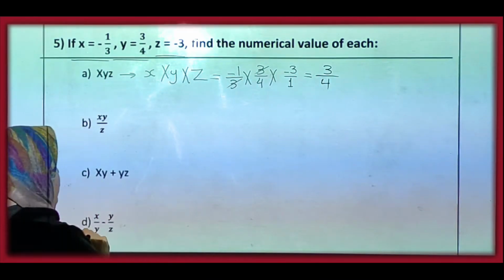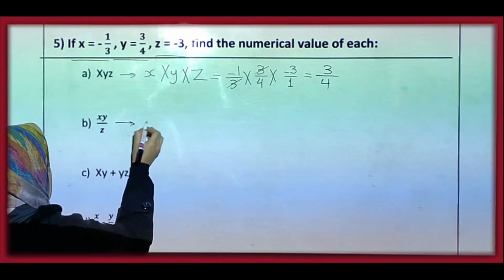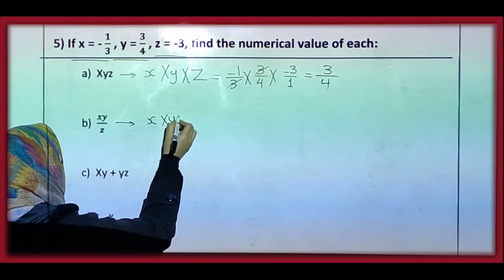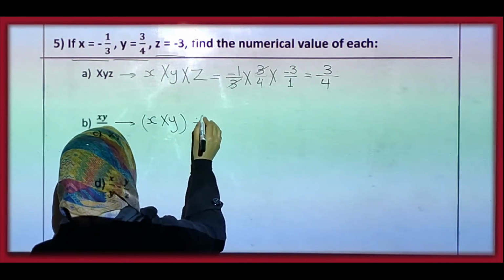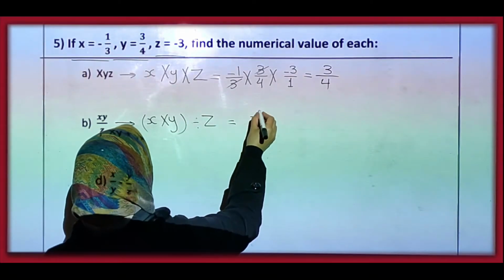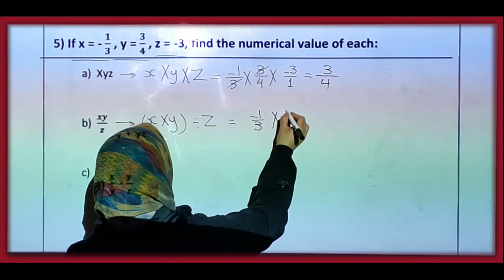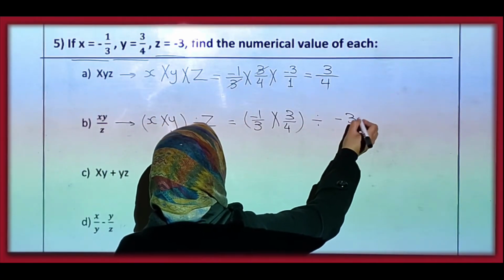It's the simplest form. To find xy over z, that means x multiply y, then divide the product by z. At first, we find x multiply y: negative a third multiply 3 over 4, divided by negative 3.